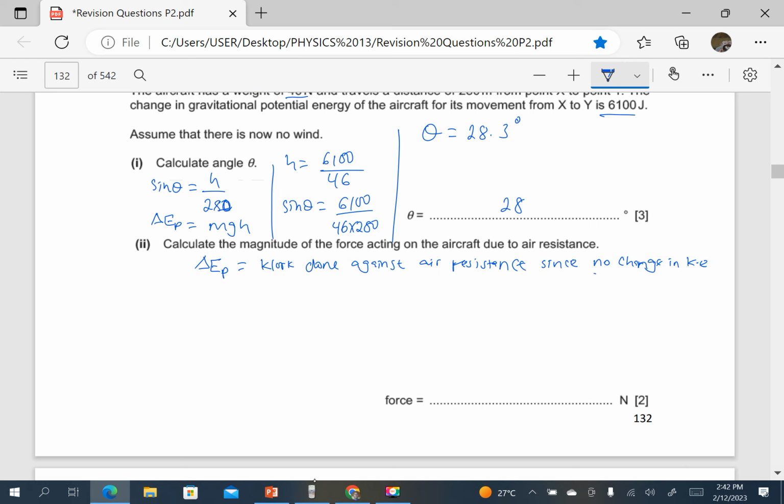How do we see that there is no change in kinetic energy? V was constant. The speed was constant.